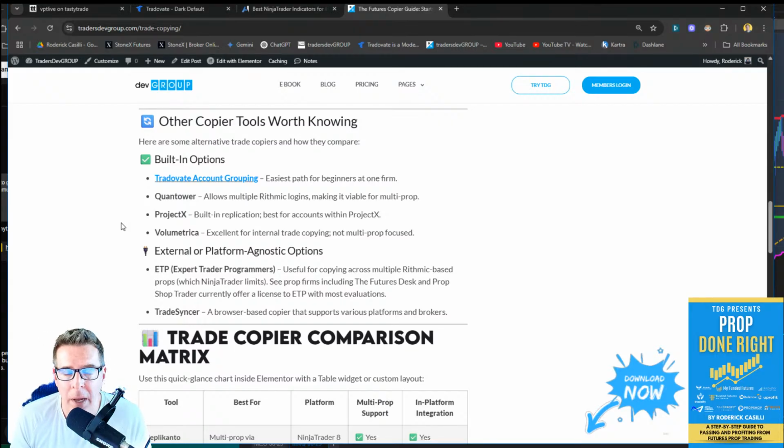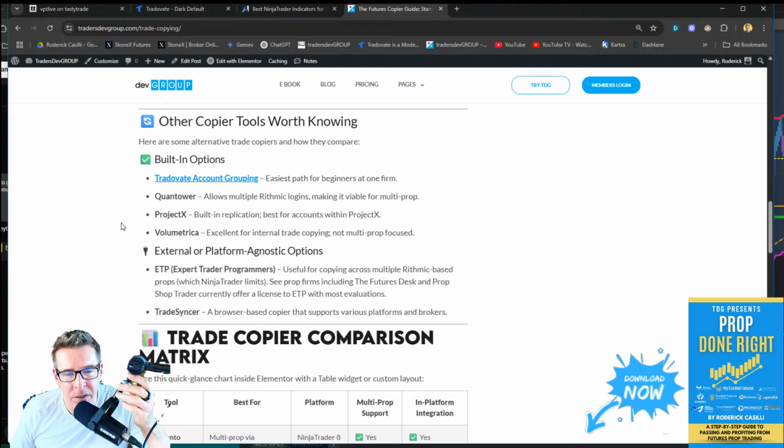I don't do any kind of cross or ratio copying, where I trade one contract in one group and then 3 in another group, or trade the mini in one group and micros in the other group. I just don't get involved in any of that. As you know from my teaching and what I do here, we kind of want to stick to micros anyway, so I don't get involved in any of that. And then Volumetrica also has a pretty good copier.